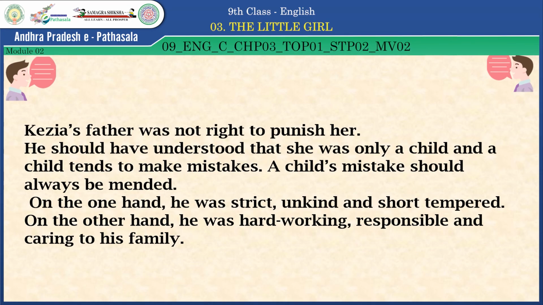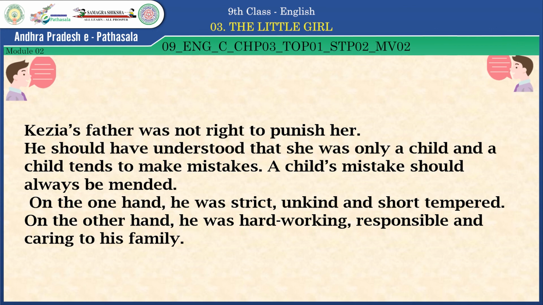Kezia's father was not right to punish her. He should have understood that she was only a child and a child tends to make mistakes. A child's mistake should always be mended.